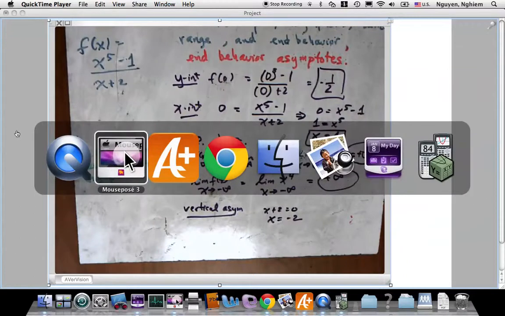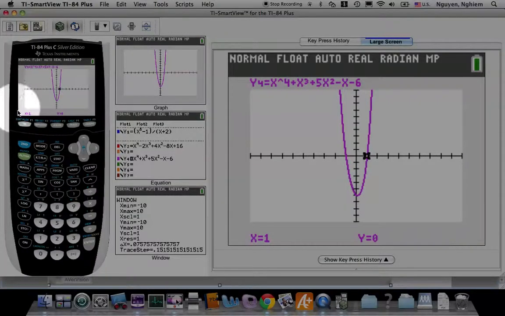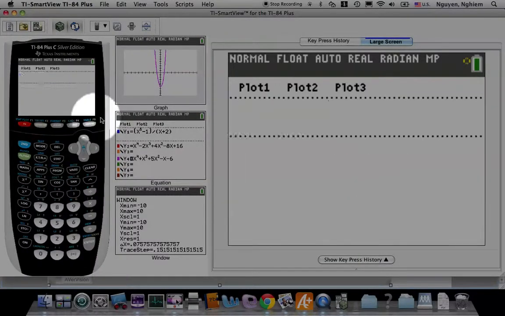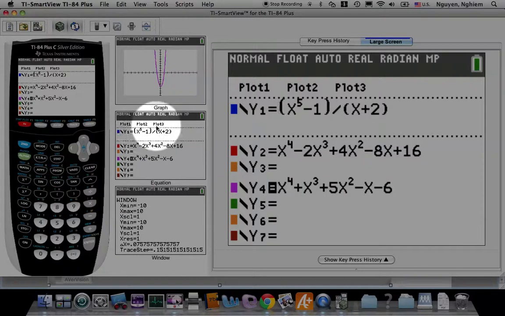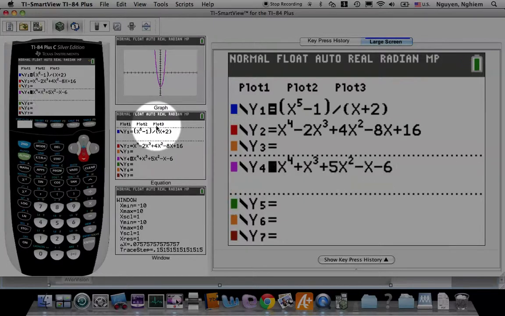So let's go to our TI-83/84 here. And so in Y1, I'm going to graph the function that I had before, x to the fifth minus 1 divided by x plus 2. And some of you may wonder, how do I get a good window here?